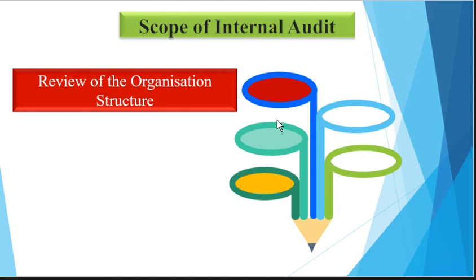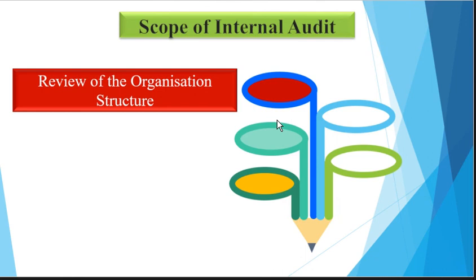It is also important to review whether the responsibility and authority are in harmony with the grouping pattern. The internal auditor should examine the organization chart to find out whether the structure is simple and economical and that no function enjoys an undue dominance over the others.